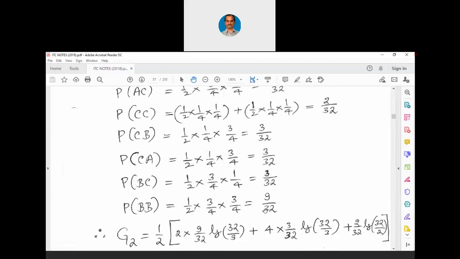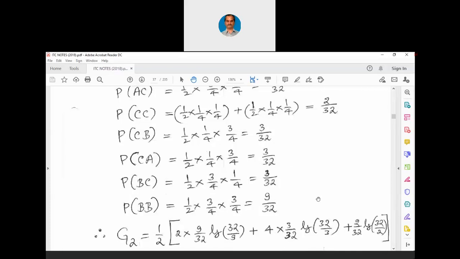Now, G2 or the information content per symbol when two symbols are transmitted in a sequence is 1 over n, where n is here 2. Now, the summation of all those joint probabilities which are listed above, I have simply put as 2 into 4 into, because there are probabilities occurring twice with the same number. See, this 3 by 32 is occurring 4 times.